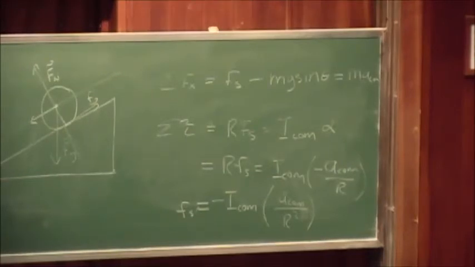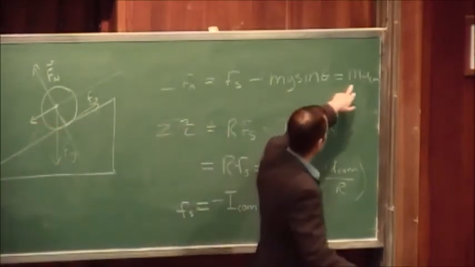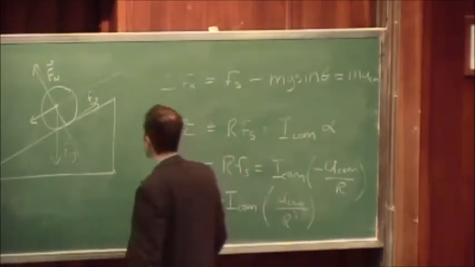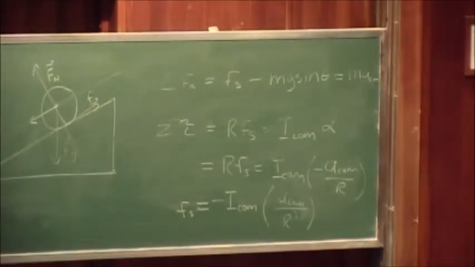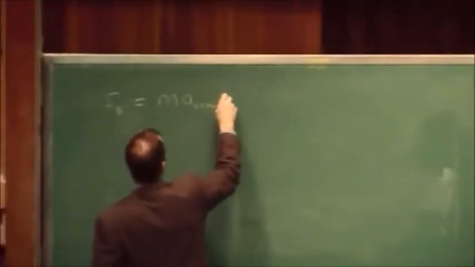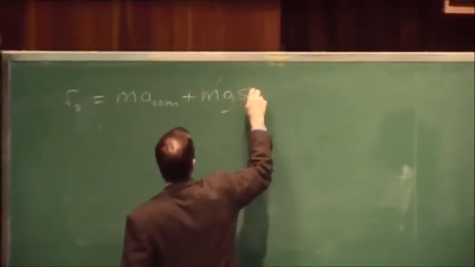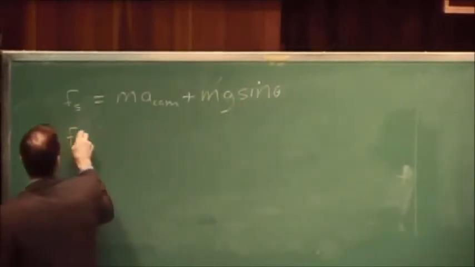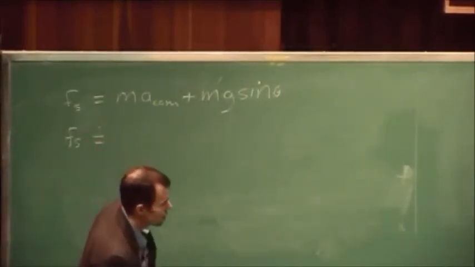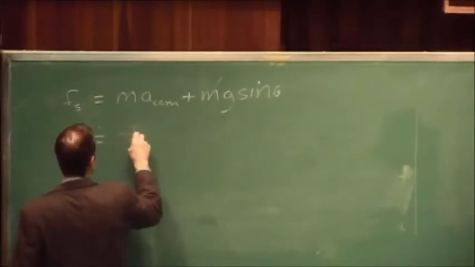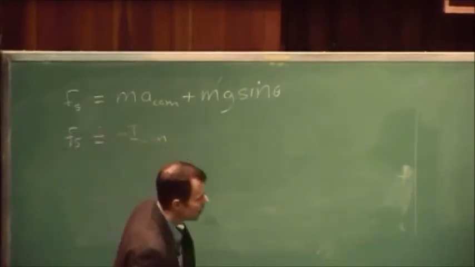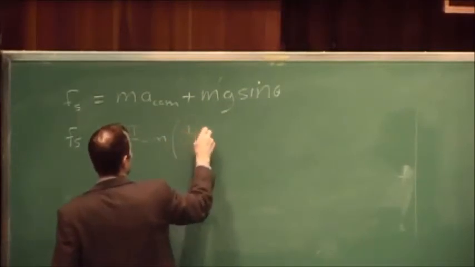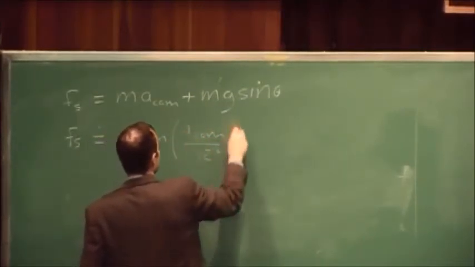From here I see that F of S is equal to M A center of mass plus mg sine theta. And I see that F of S from the other equation is just equal to minus I center of mass, A center of mass over R squared.